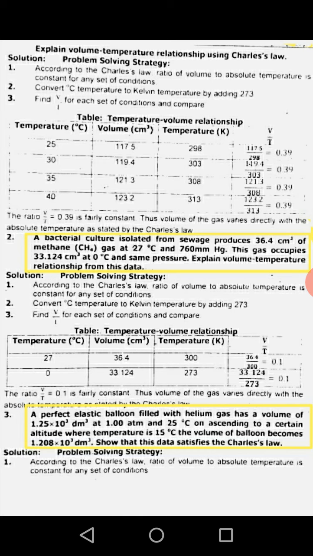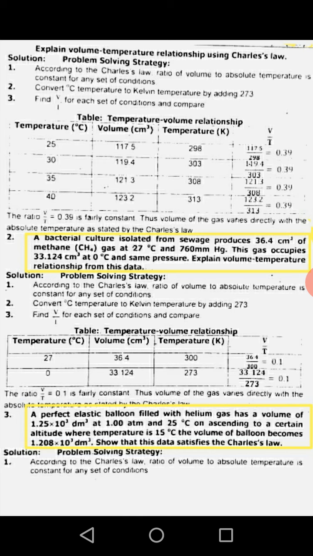So, when we add 25 to 273, we will get 298. So, in the last column, you can see the given volume, that is 117.5, when divided by 298, we will get 0.39.